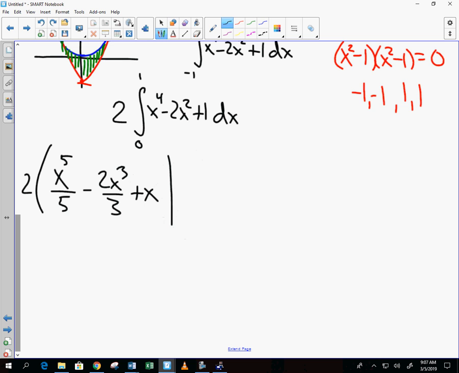Thank you, Riley. I'm going to do the integral, and after I do the integral, then I'm going to multiply by 2. Just trying to follow the order of operations.